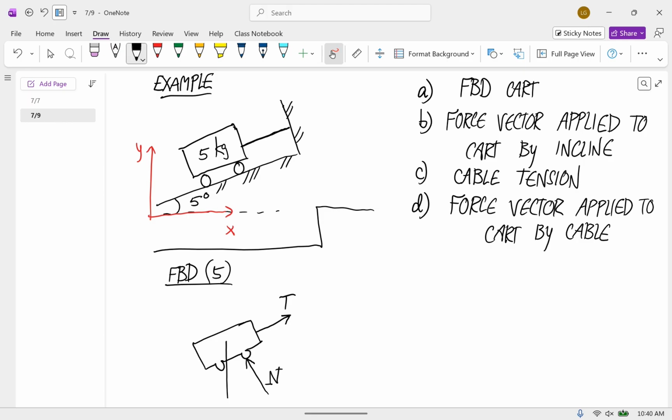Okay, so calculating the cable tension and the force vector, those are obviously similar, related things, but they're not the same thing. So go ahead, take a few minutes and see if you can go through this calculation, and then I'll go through it and answer questions.